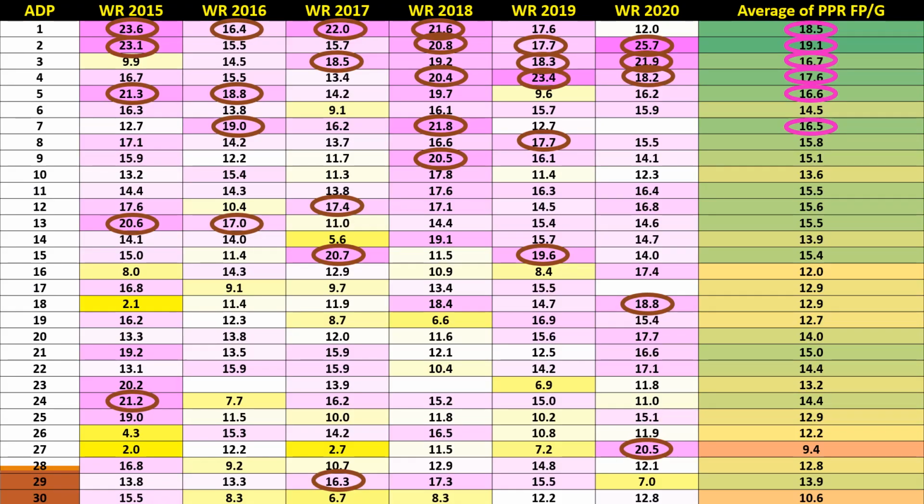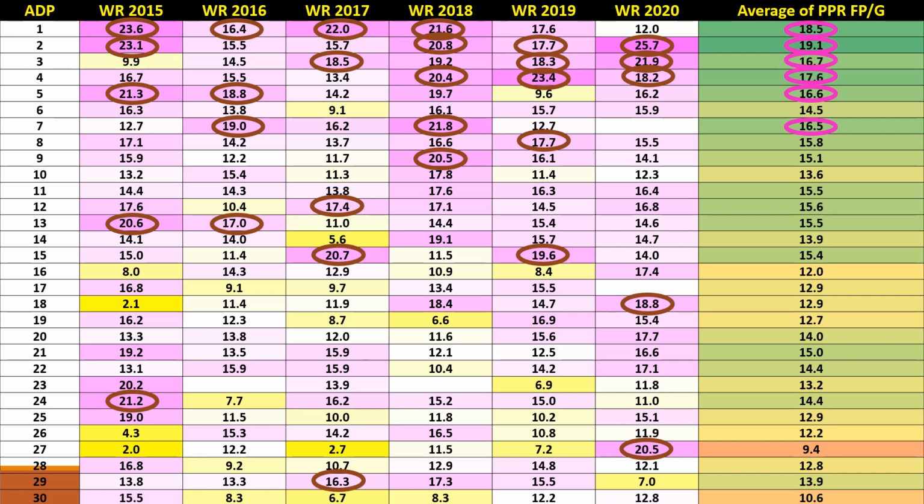So as with the other positions, I've had tabular metrics here of ADPs. This is 1 to 30 from 2015 to 2020. And we have the average of PPR fantasy points per game by that ADP position.